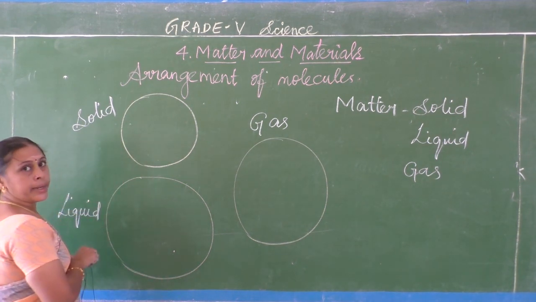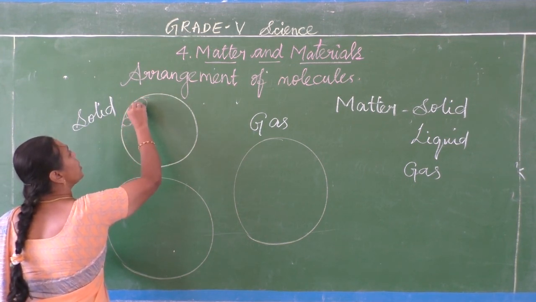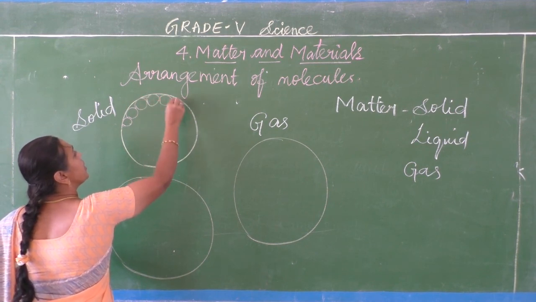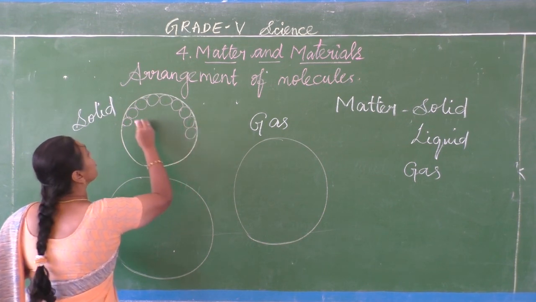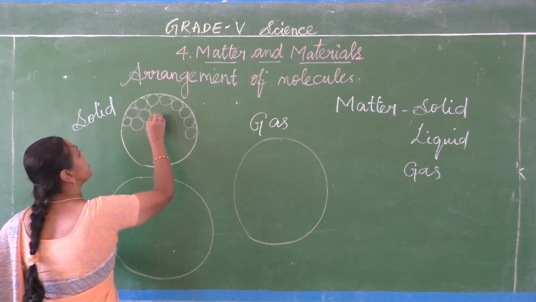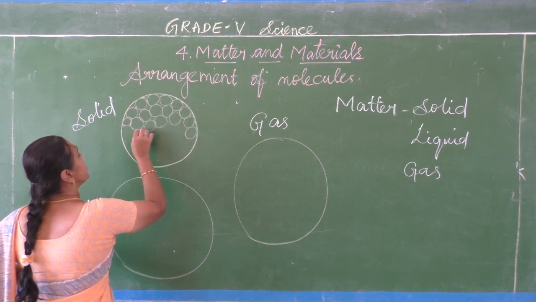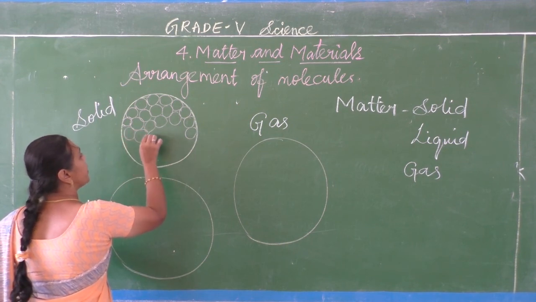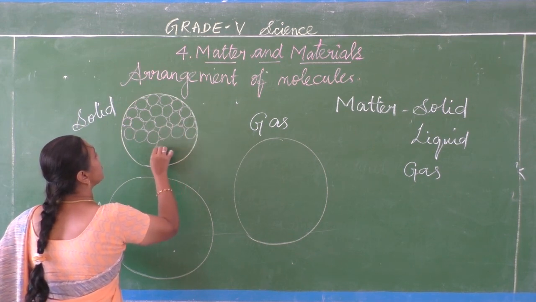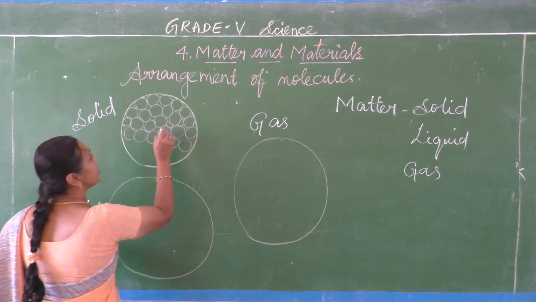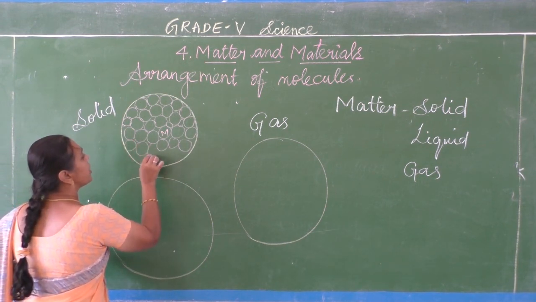In solid, the molecules, the smallest particle is called molecules, is it not? And these molecules in solids are closely packed. How are the molecules arranged? They are closely packed. There won't be any space in between. So the molecules will be very closely packed. These are the molecules. Each one is a molecule and the molecules are very closely packed.